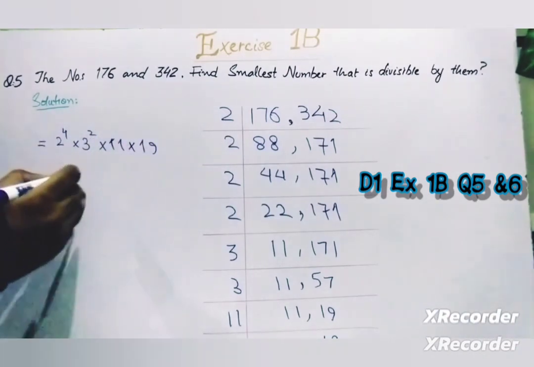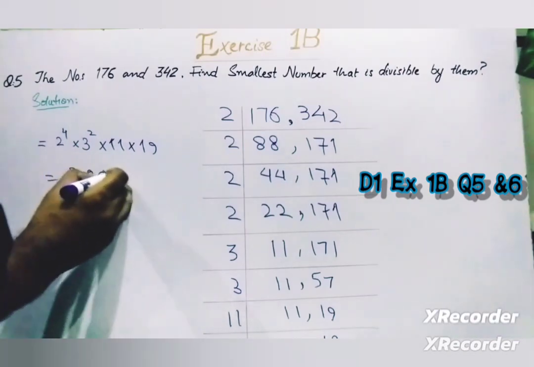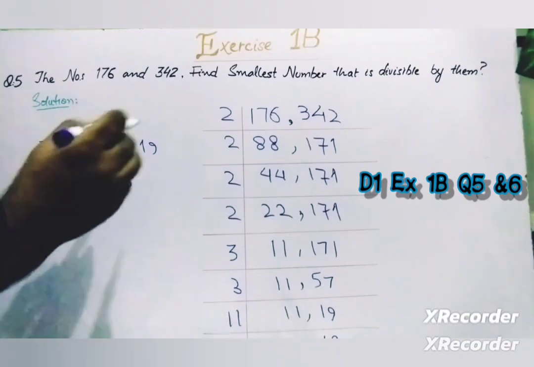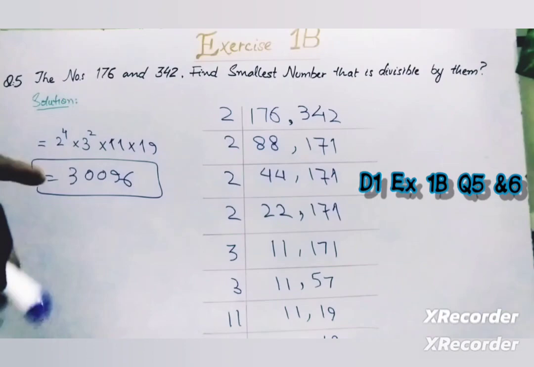By solving this, we have found 33,096. That is our required smallest number, which is exactly divisible by these two numbers.